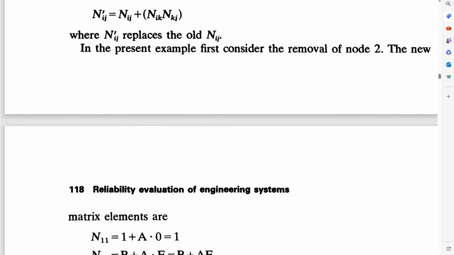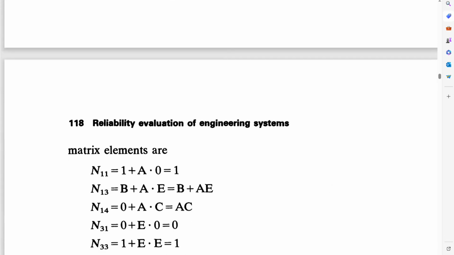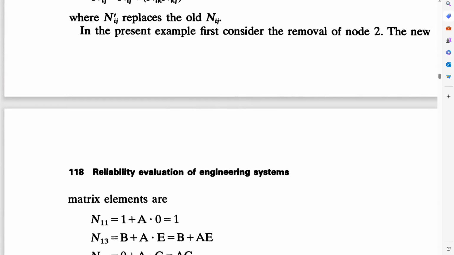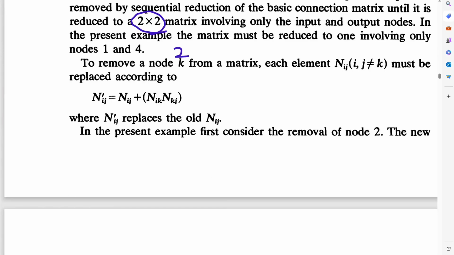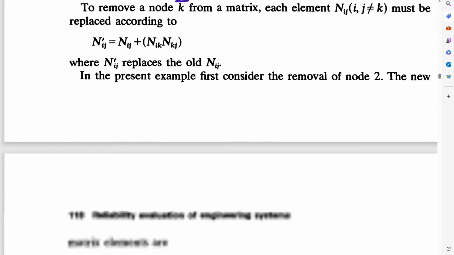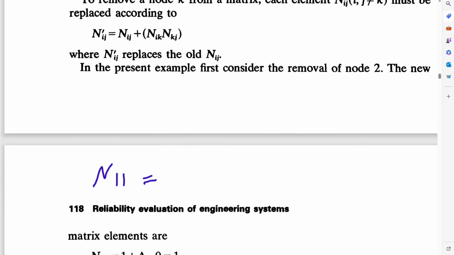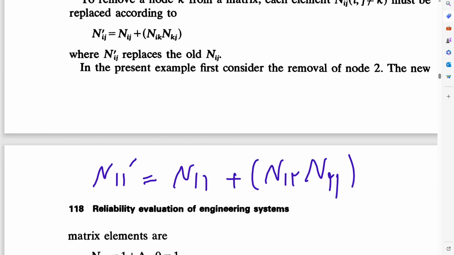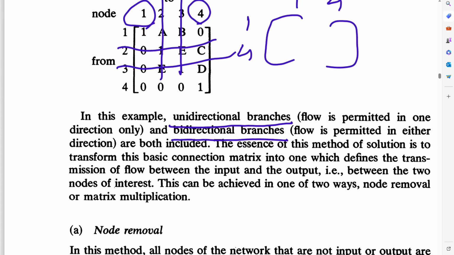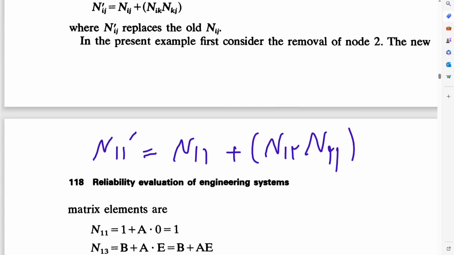To use this method for the removal of node 2, substitute 2 for K. For example, for N11, N11 prime is N11 old plus N12 N21. N12 is A and N21 is 0. So we have N11 as 1 plus 0, which is 1.